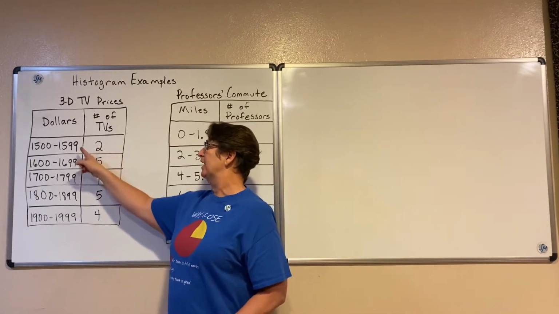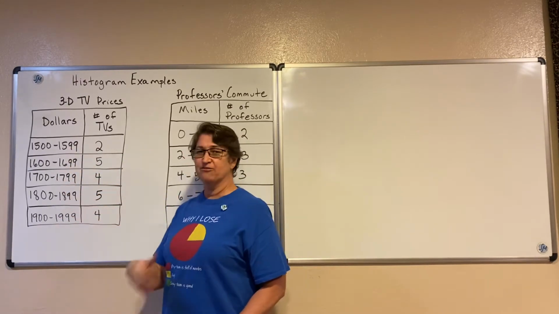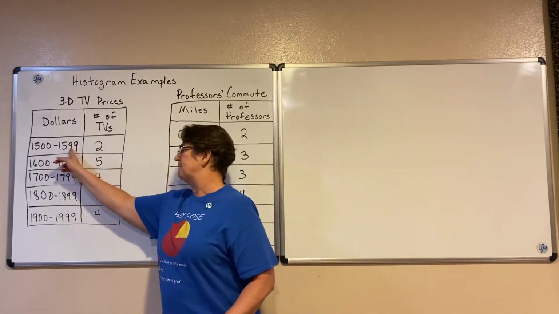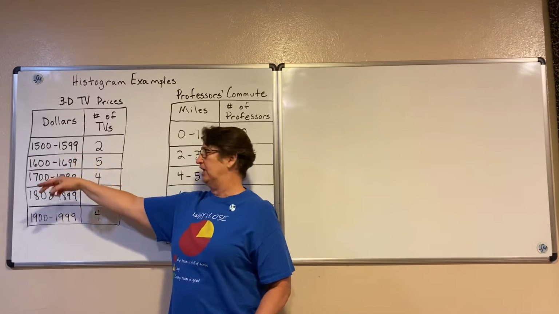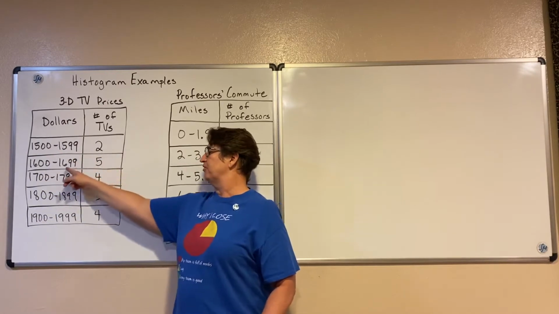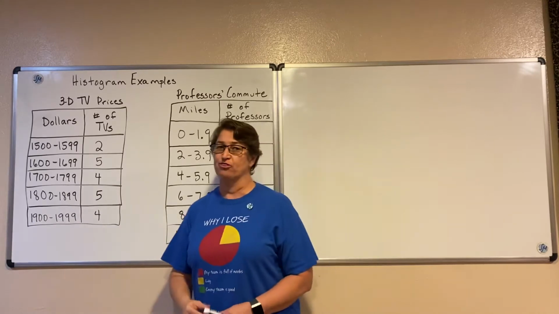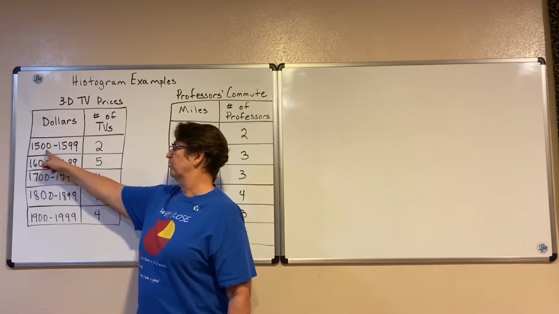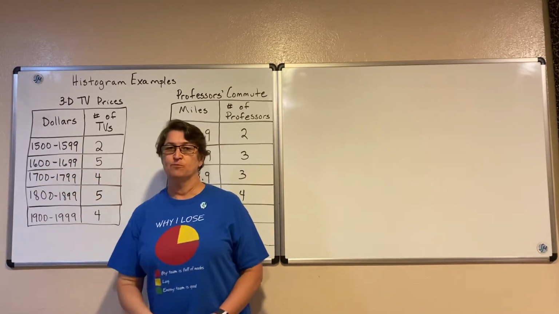So we know that in this case, I have 1, 2, 3, 4, 5 classes or bins. And in the first bin, there are 2 TVs within that price range. There are 5 within this price range, etc. And we saw that the width of each bin was 100 because we went from 1500 to 1600 to 1700.